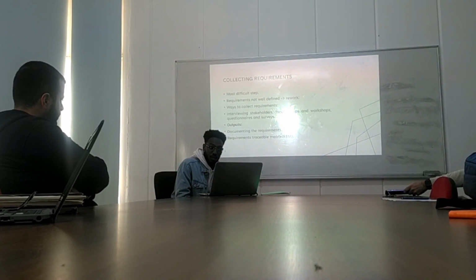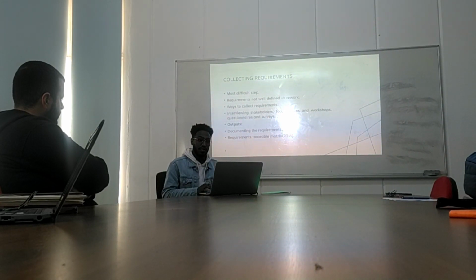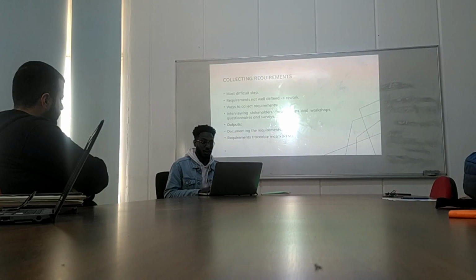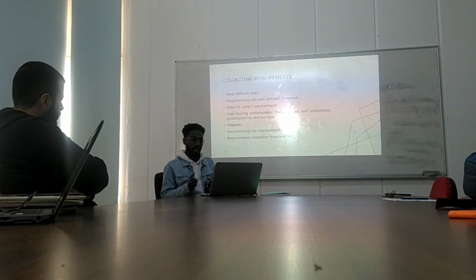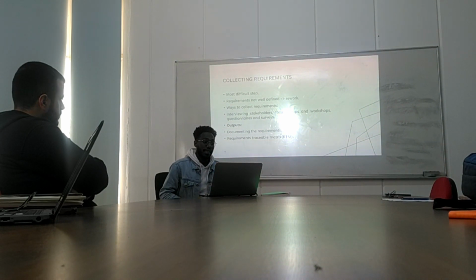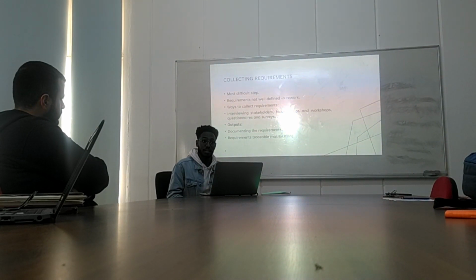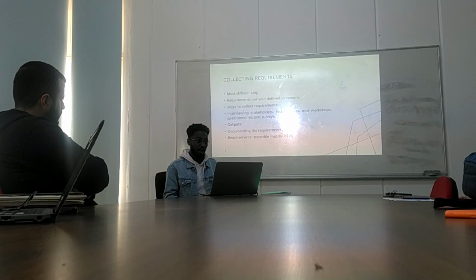And the second one is focus groups and workshops. This is also efficient, and it's not time consuming because we are going to generate groups and workshops in order to collect the requirements. And then the third one, we have questionnaires and surveys. This is also efficient, but it depends on the stakeholders, like the customers and the sponsors.